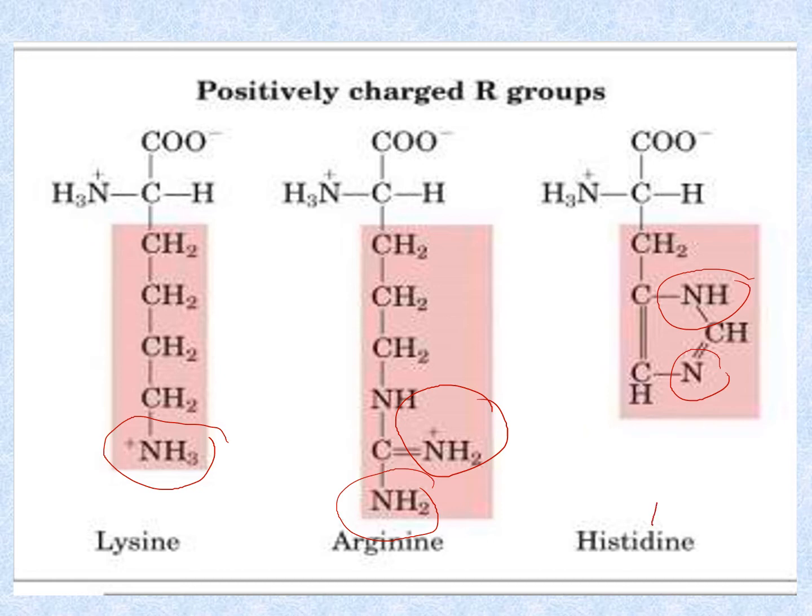Now, in physiologic pH, we know that the normal behavior of your amino group is to accept a proton. So that's why your amino group of lysine here is positively charged. The amino group of arginine is also positively charged, whereas the amino group of histidine carries what? Another proton here.